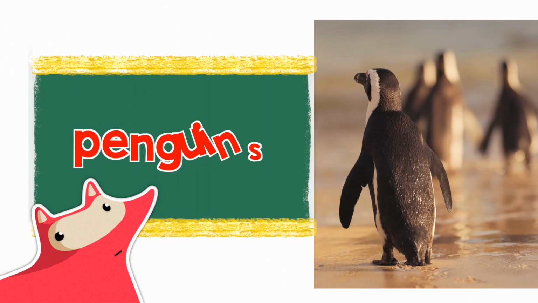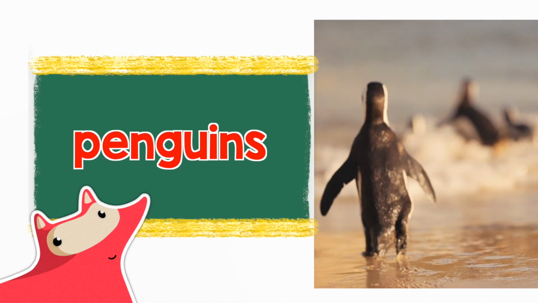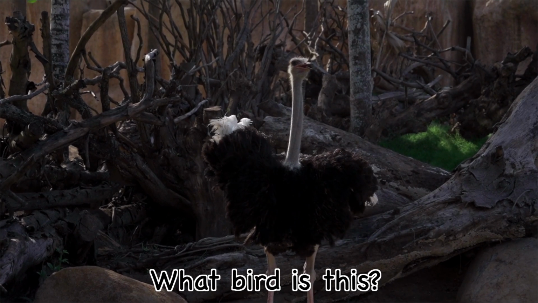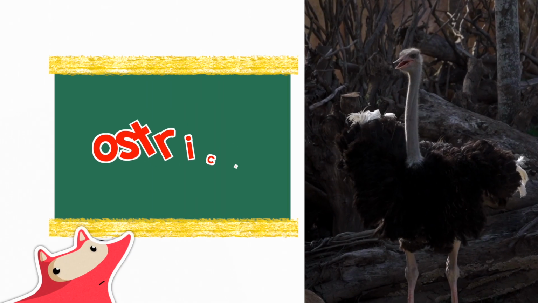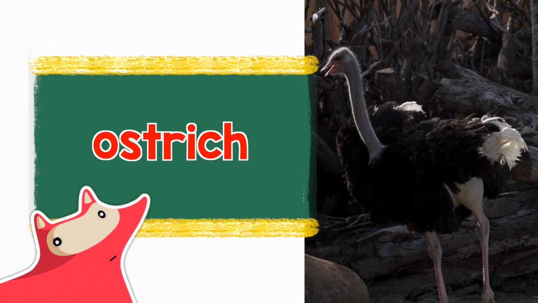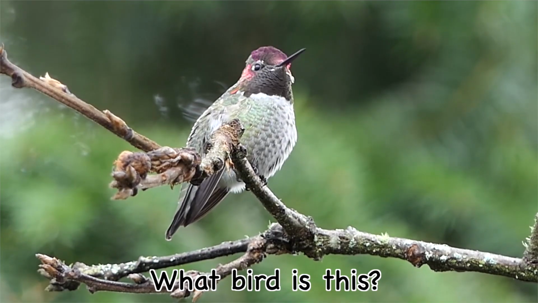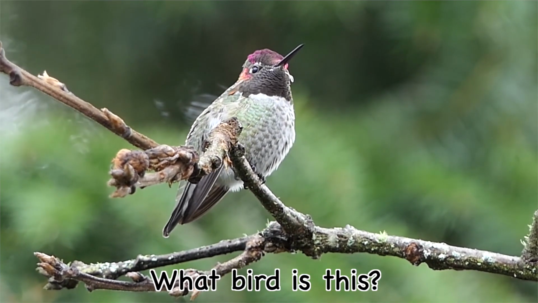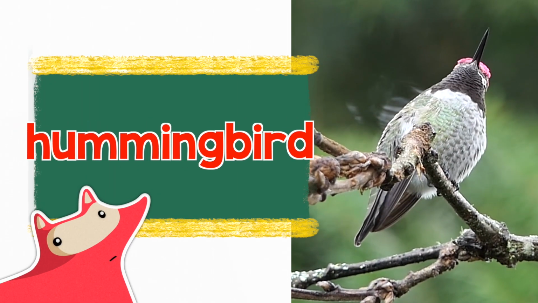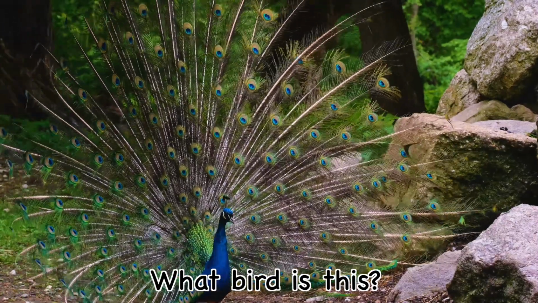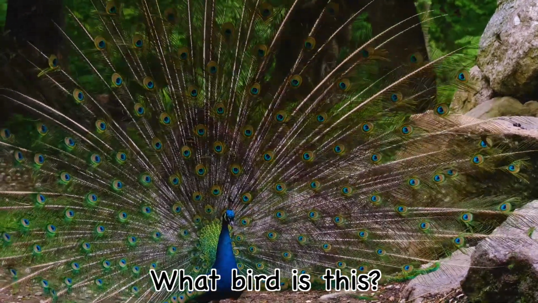Oh, they're so cute! They're called penguins. Next, what bird is this? Wow, that is correct! Ostrich. Next, what bird is this? That is correct again! Hummingbird. Next, what bird is this?